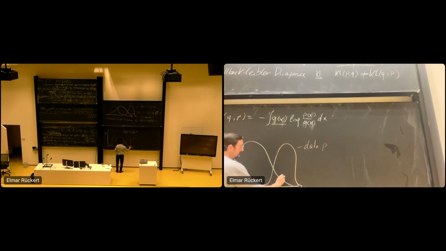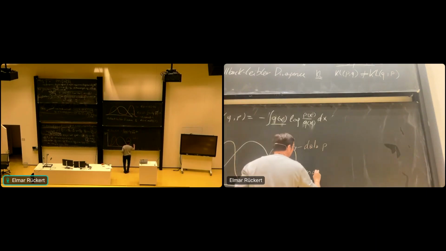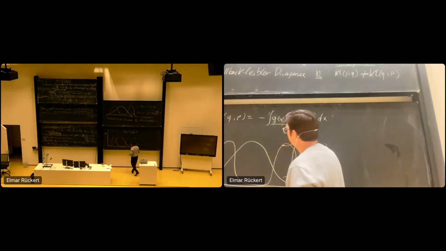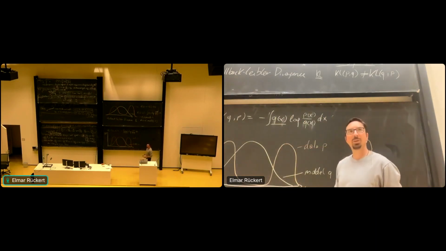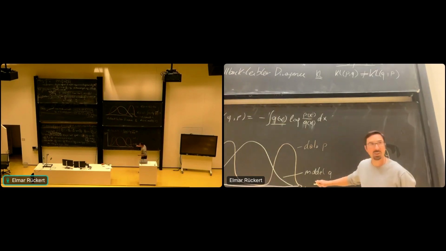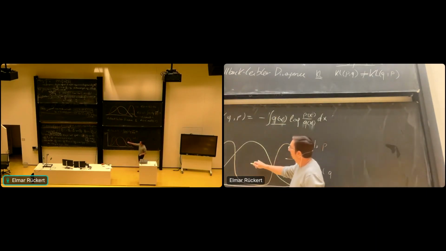This is our model, Q. In this case, we have a moment matching behavior where we try to model with a single Gaussian distribution a bimodal data distribution. That obviously might look like that.